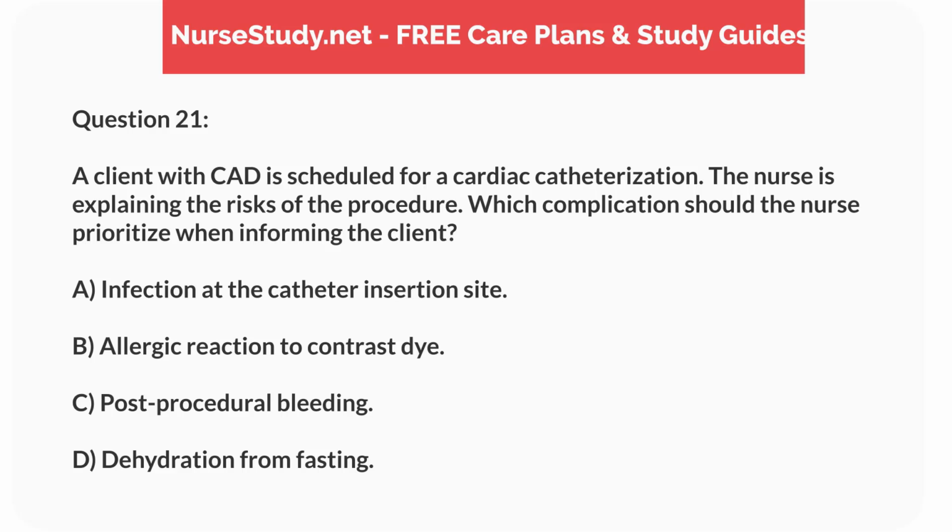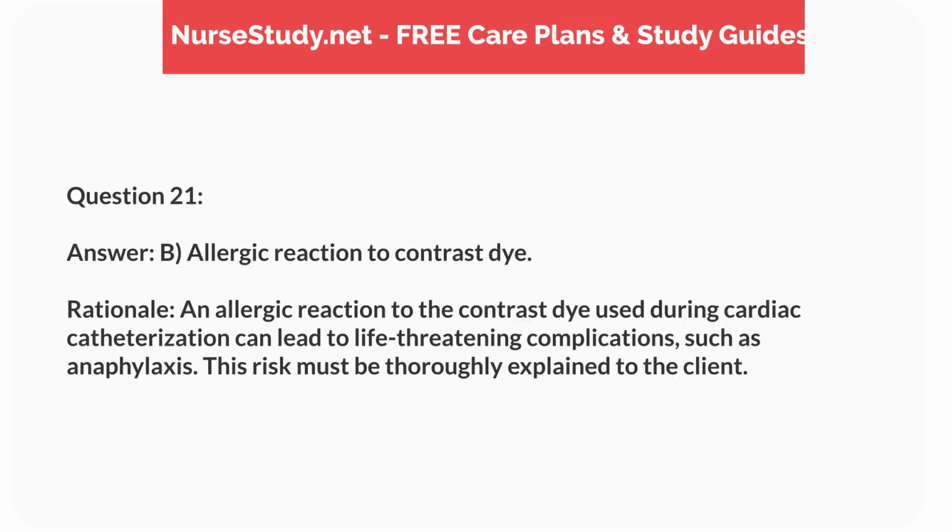C. Post-procedural bleeding. D. Dehydration from fasting. Answer, B. Allergic reaction to contrast dye. Rationale: an allergic reaction to the contrast dye used during cardiac catheterization can lead to life-threatening complications, such as anaphylaxis. This risk must be thoroughly explained to the client.